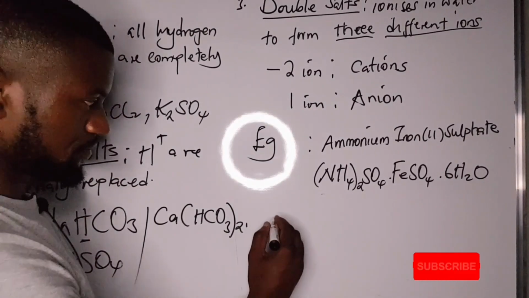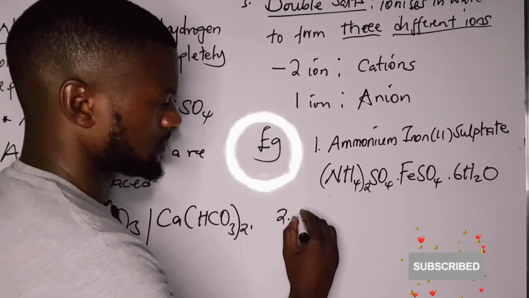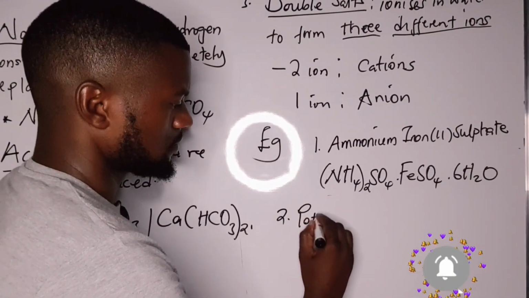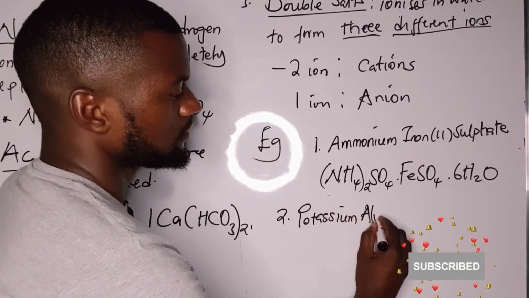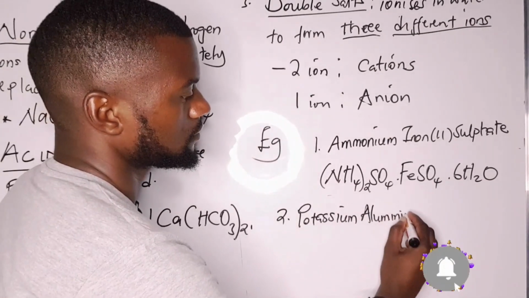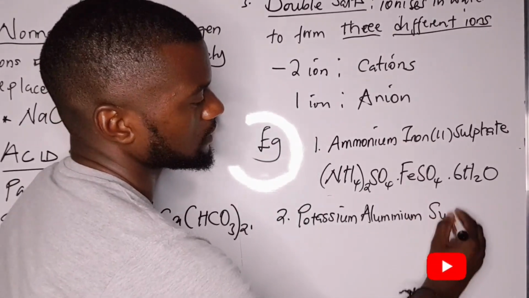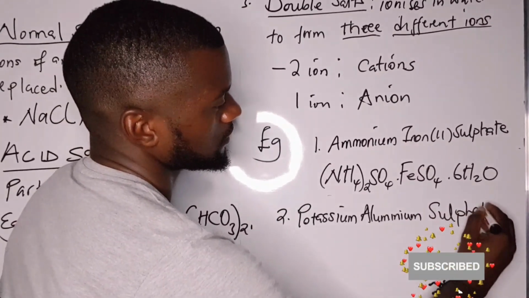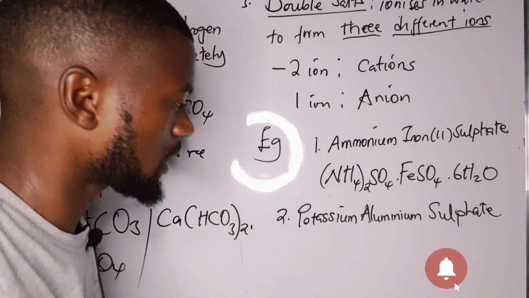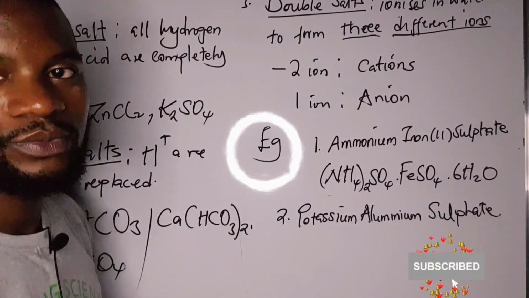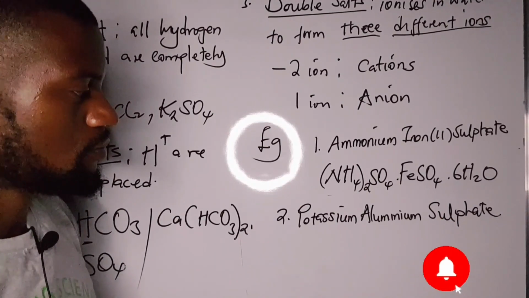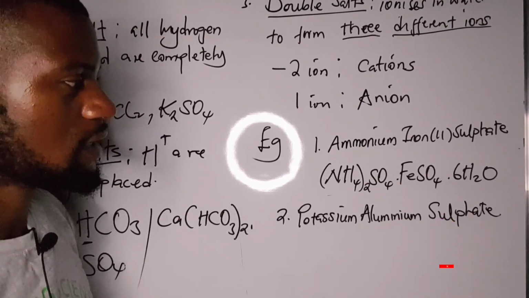Another example is potassium aluminium sulfate. From here you are able to tell the 2 cations that are going to be produced in solution, as well as the anion.